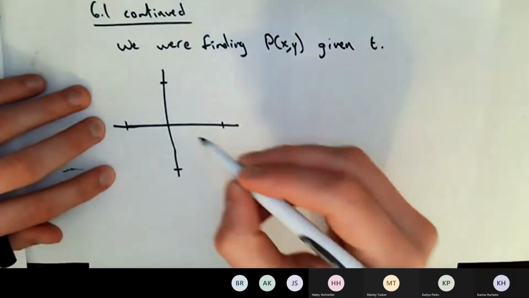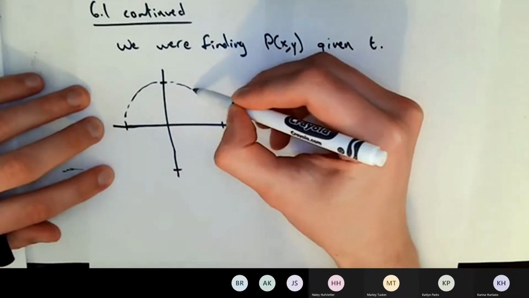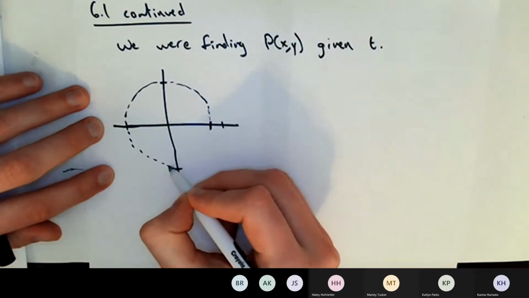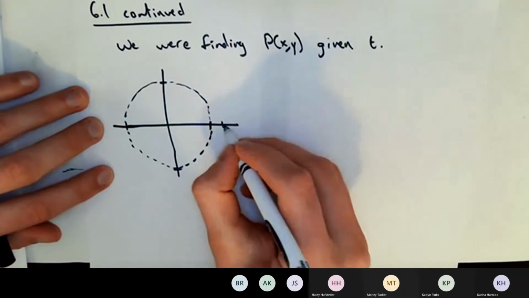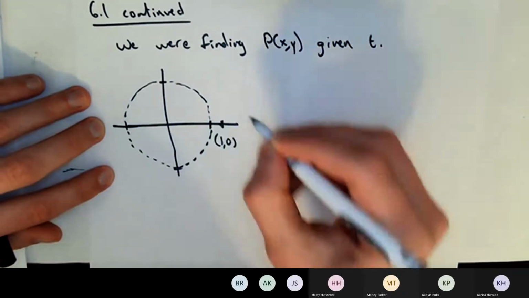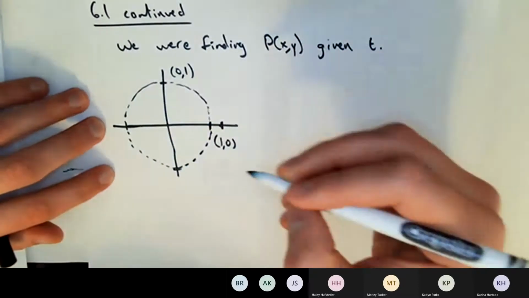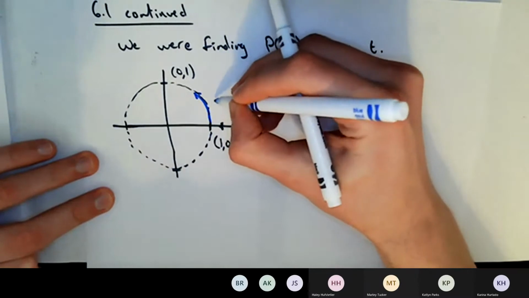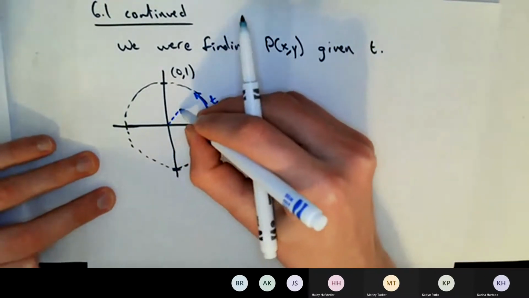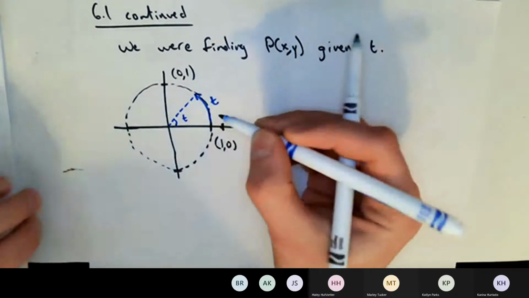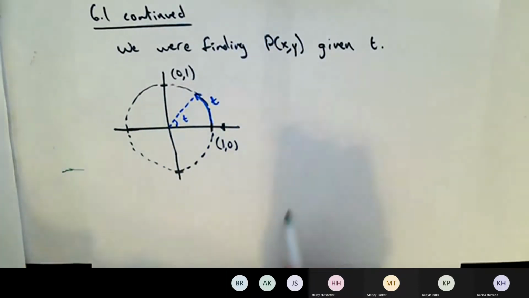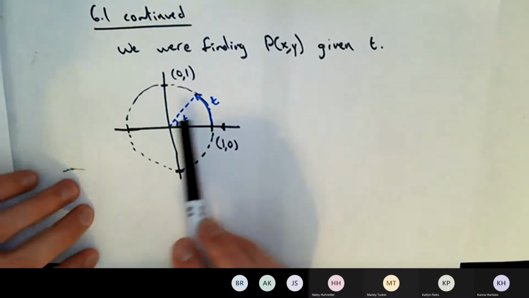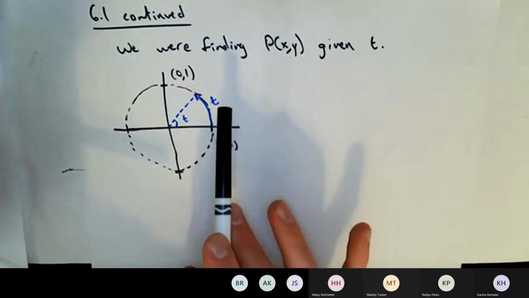If I draw a unit circle centered at the origin with radius 1, here are the point 1, 0, the point 0, 1, etc. And t was that arc length along the unit circle, subtended by also an angle t, because on the unit circle, arc length is exactly equal to the measure of the angle subtended by that arc, measured in radians.